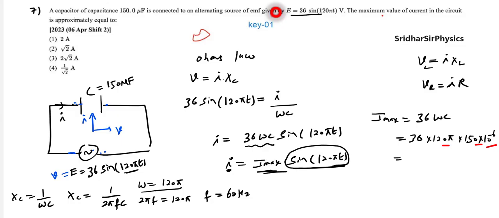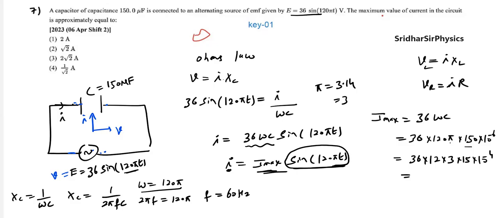The maximum value of current in the circuit is approximately, they are asking, you have to do the calculation. 15 into pi, pi will be 3.14; pi's value we can approximate as 3.14 or even 3. It will come to 36 into 12 into 3 into 15 into 10^-4.